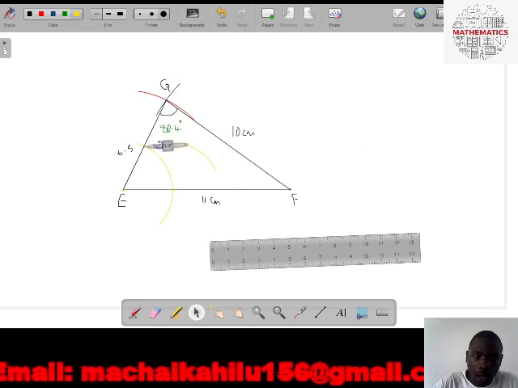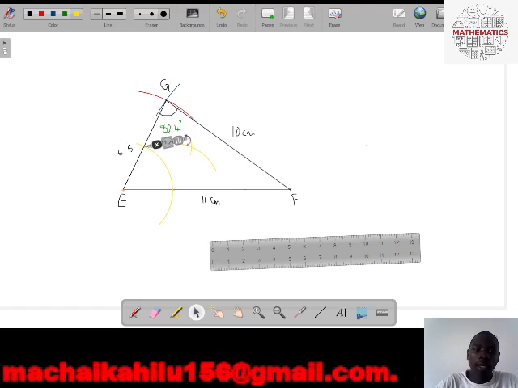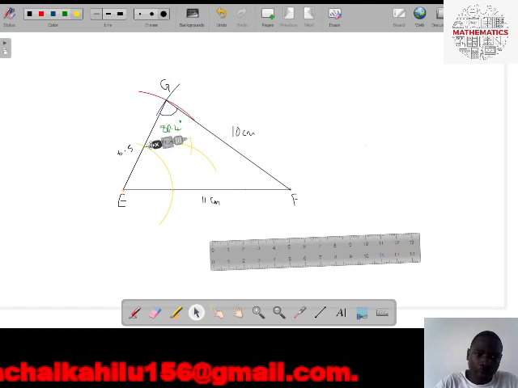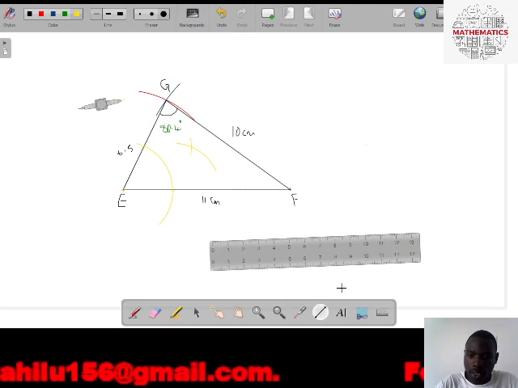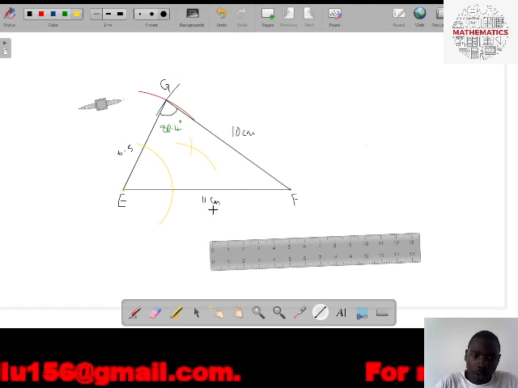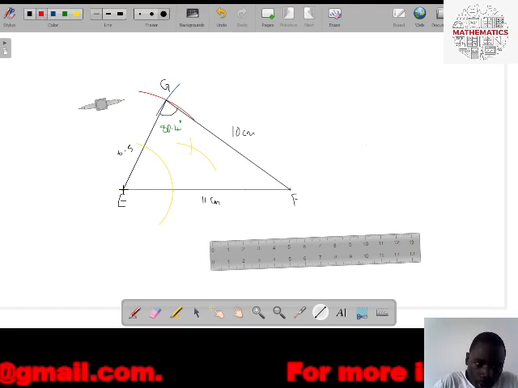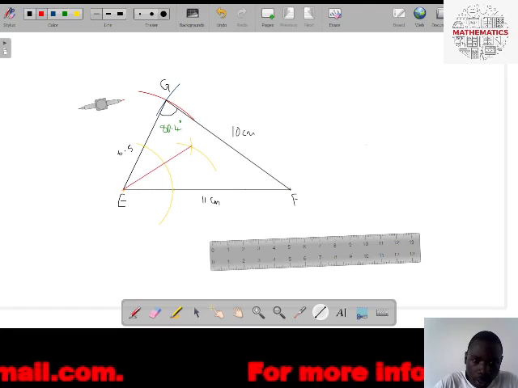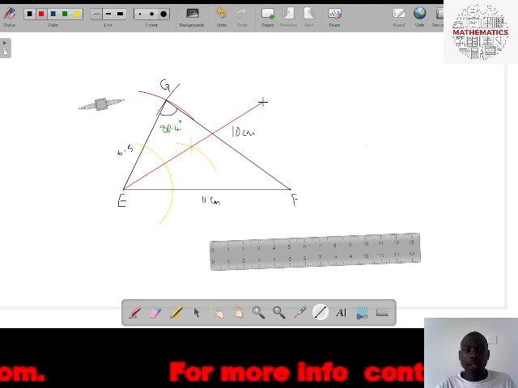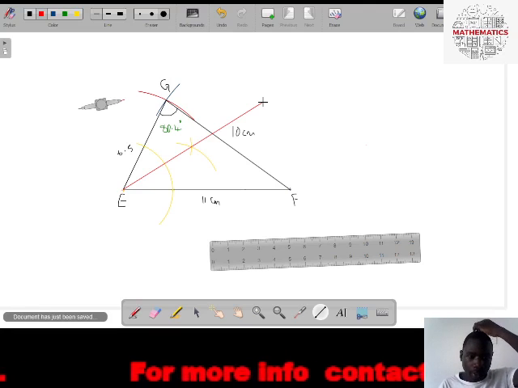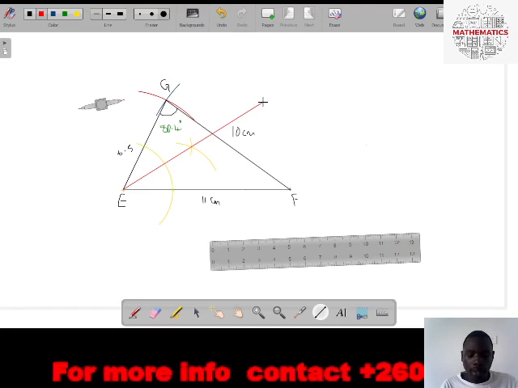Also bisect this first arc. So we're going to bisect this arc like that, and there's a point where the two arcs bisect. That point, you connect it to E. So this line here in red means that it's equidistant from EG and EF.